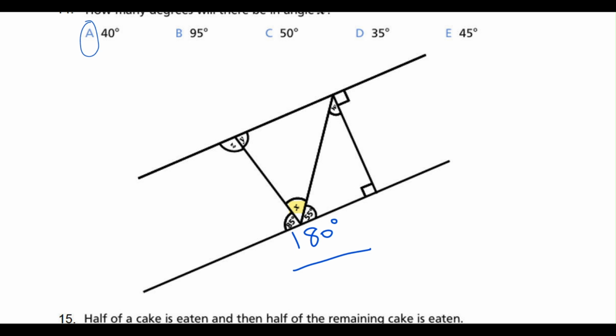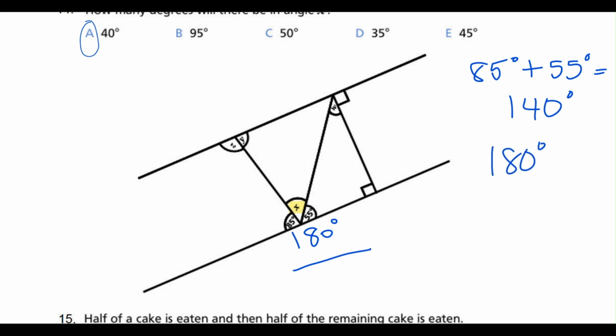Correct mathematical solution. The problem is solved using a fundamental property of a straight line, since all the angles are on the same line. Step 1. Add 85 and 55 degrees, which is 140 degrees in total. Step 2. A straight line angle is 180 degrees in total. Subtract 140 degrees from 180 degrees.